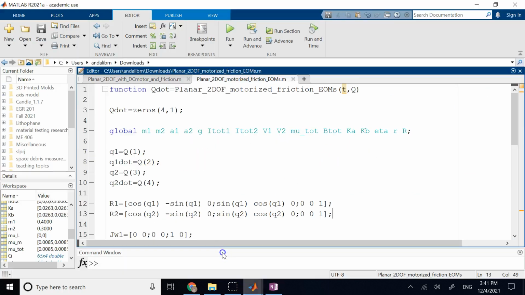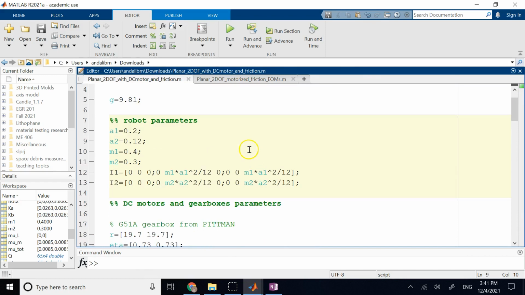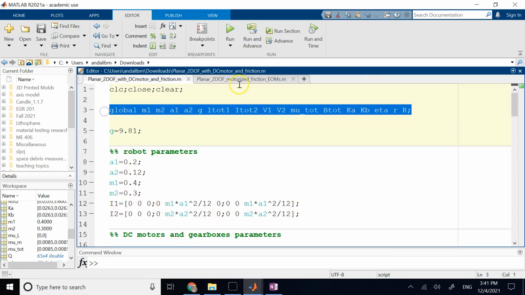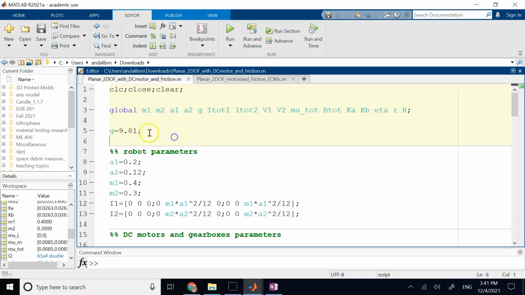So what do we do here? This is the utility function that I have, and this is the main script. Now in the main script, I have a lot of global parameters that the utility function needs. g of gravity, length of the two links, 20 centimeters, 12 centimeters, the mass of them 0.4 and 0.3 kilograms.